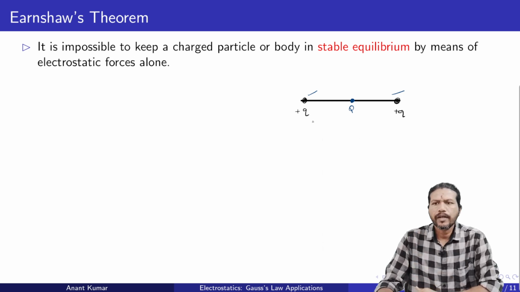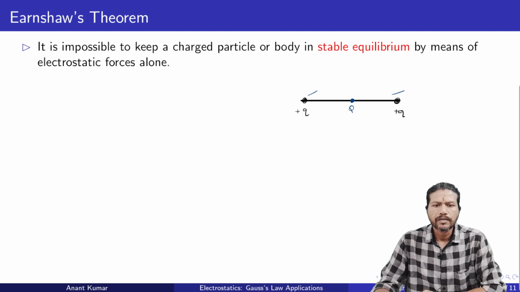Now in this case, if I displace the middle charge, which is plus q, slightly in this direction, I see that because it has gone nearer to the charge on the right, the repulsion of this charge Q increases, and the repulsion of the plus q on the left side reduces slightly because the charge has gone a bit away.